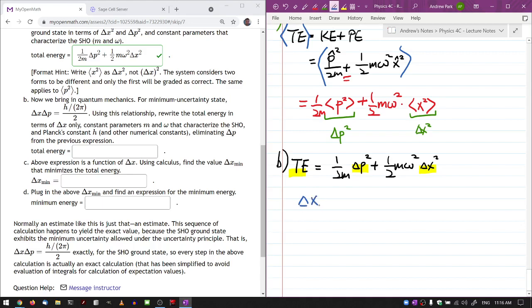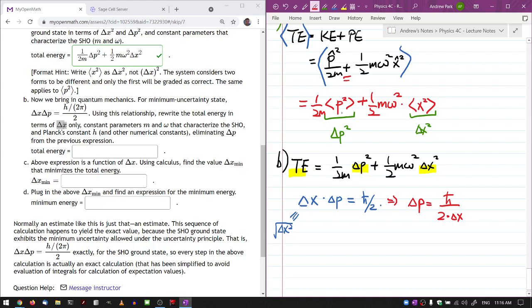Uncertainty in position, and by definition this is delta x squared square rooted, times delta p is equal to h bar over 2. Since I want to express the total energy in terms of delta x only, I want to solve this for delta p. Then it's h bar over 2 times the uncertainty in position.